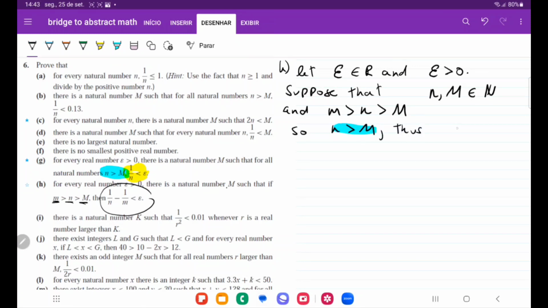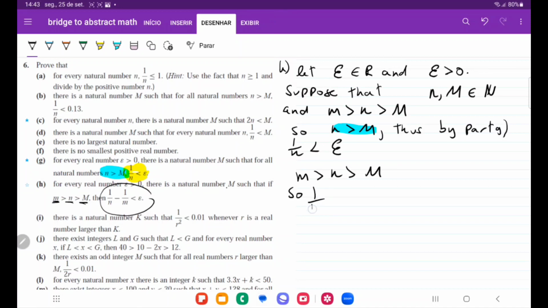Thus, by part G, we have that 1 over n is going to be less than epsilon, right? And so let's just see the implications of this. So m is going to be greater than n, which is greater than capital M. So when we take reciprocals, we're going to reverse this, right?